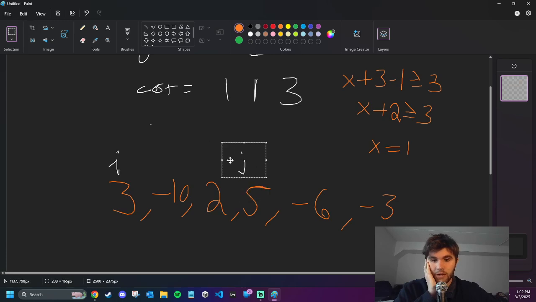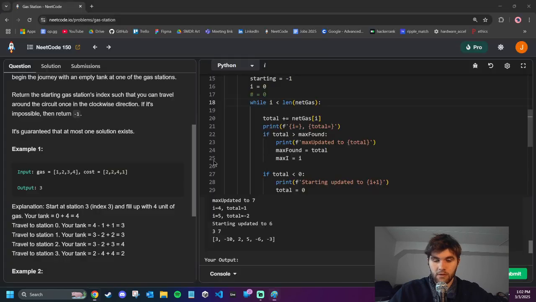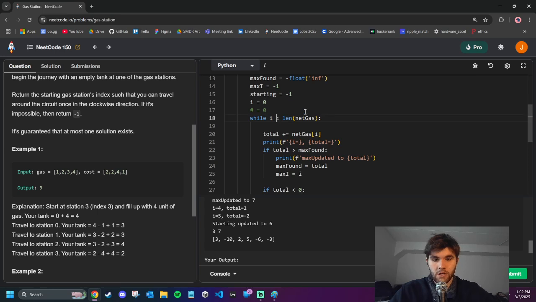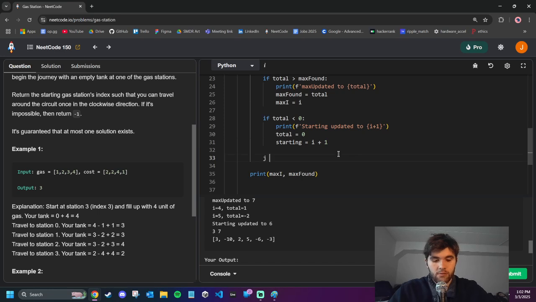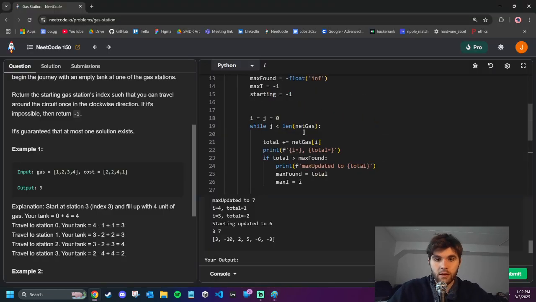So okay, I should keep going until total is negative. In which case, we'll have J go up by 1 every time. So J equals 0. Muted myself for a second there. All right, J is plus equal 1.